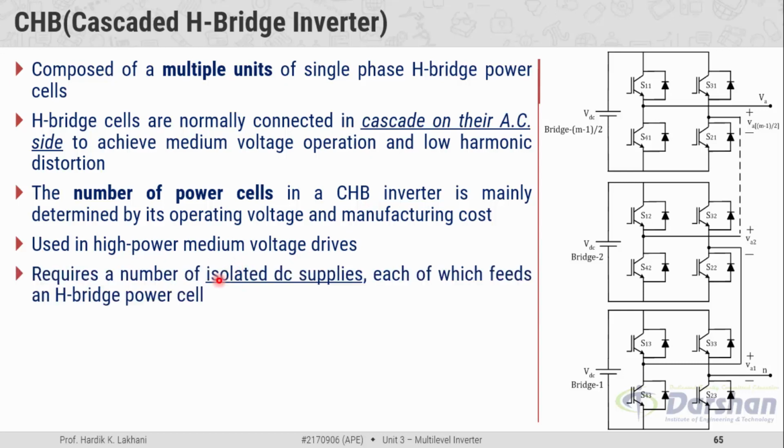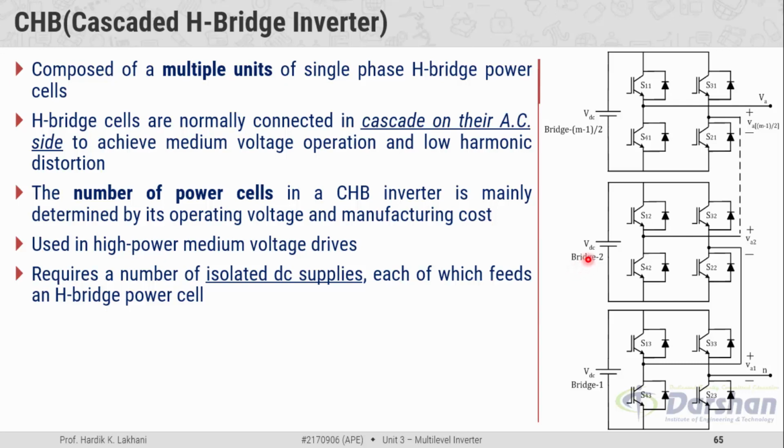It requires a number of isolated DC supplies. Unlike the flying capacitor multi-level inverter and diode clamp multi-level inverter, the cascaded H-bridge inverter requires a DC supply per bridge. Right? So for bridge 1, one DC supply, bridge 2, second DC supply. All DC supplies are isolated from one another.